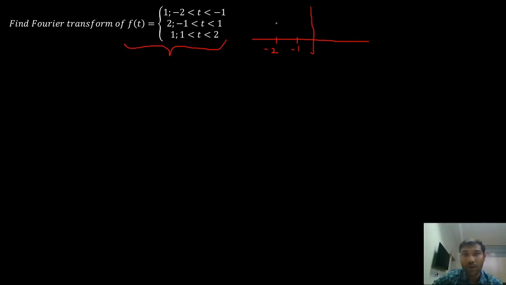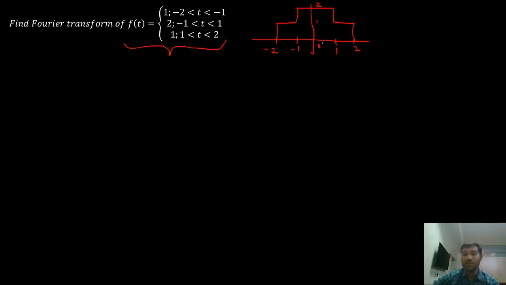It is 1, right? From minus 1 to plus 1, it is 2. And from 1 to 2, it is again 1, right? And all other values, it is not given, so we assume it is 0.